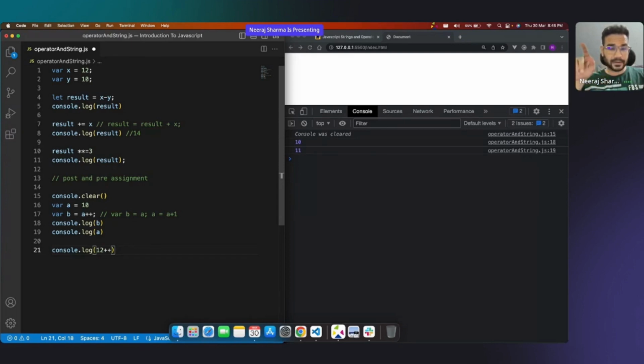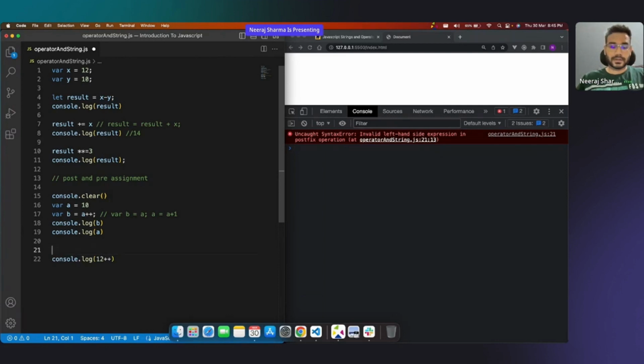Again, save it. Okay, wait, it won't work in this. I have to first put it here. Let me do c equals 12 plus plus and use c here.